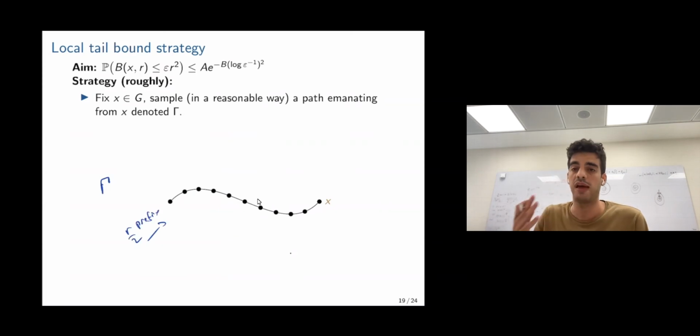And now once we have this path, we want to start sampling trees on this path. There are trees hanging on vertices of this path, and we want to say, okay, if we sample the whole trees in the UST hanging on this path, we eventually will get at least epsilon r squared vertices.